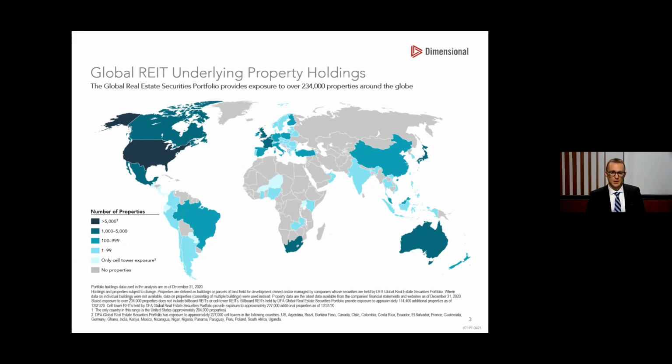This is a good chance for us to talk a little bit more about the benefit of investing in REITs. One thing that strikes me, and I think it strikes a lot of people when they look at a slide like this one, is the sheer number of properties that you have across the different countries that we're able to invest in.